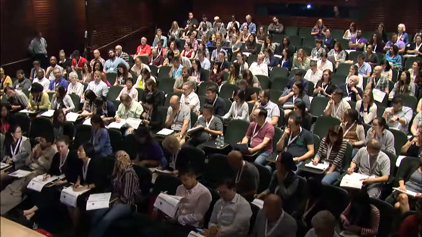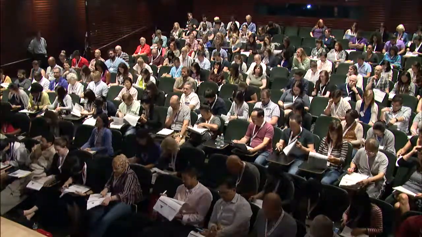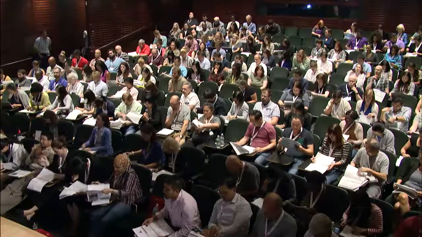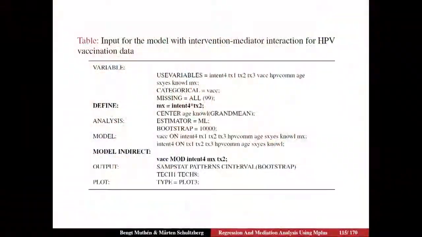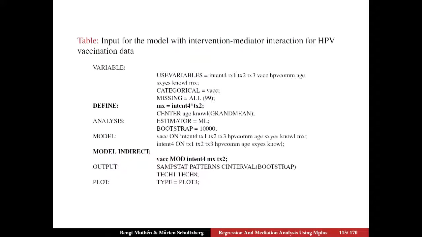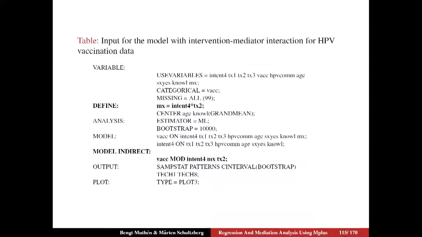So for slide 115, you defined the interaction between the intent 4 and treatment 2. So actually there are 3 dummy variables. Why do you only include 1 and ignore the other 2 dummy variables in the interaction?